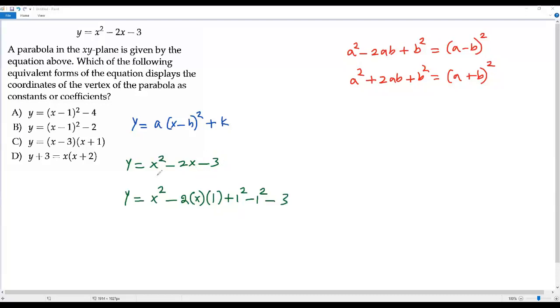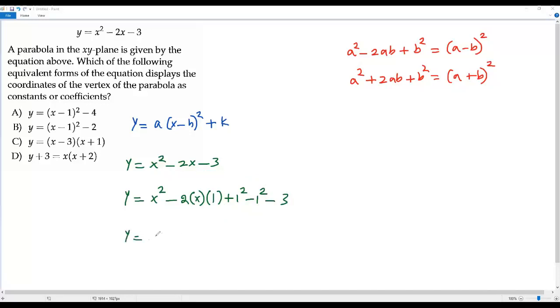So first, I write x squared as it is, and I write negative 2x as negative 2ab, so I get 1 for b. I need b squared, so I'm adding 1 squared. To balance it, I'm subtracting 1 squared, and at last I'm taking negative 3. Even if I simplify this expression, it has to equal the original. Yes, we have x squared, the simplification gives negative 2x, and positive 1 squared and negative 1 squared cancel as a zero pair. We have negative 3 here and negative 3 there.